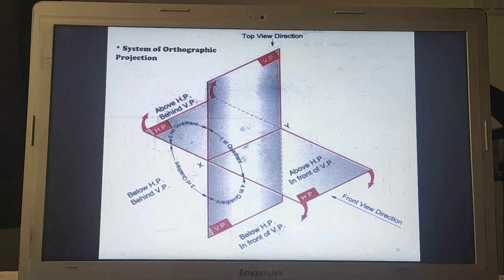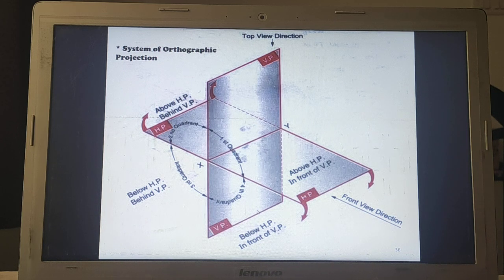The intersection of both these planes is one line, which is the XY line. Because of the intersection of the horizontal plane and the vertical plane, four quadrants are formed. So this is quadrant number 1, quadrant number 2, quadrant number 3, quadrant number 4.